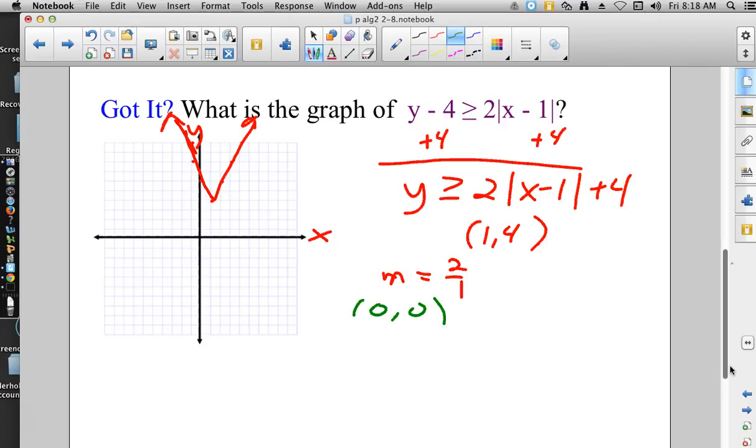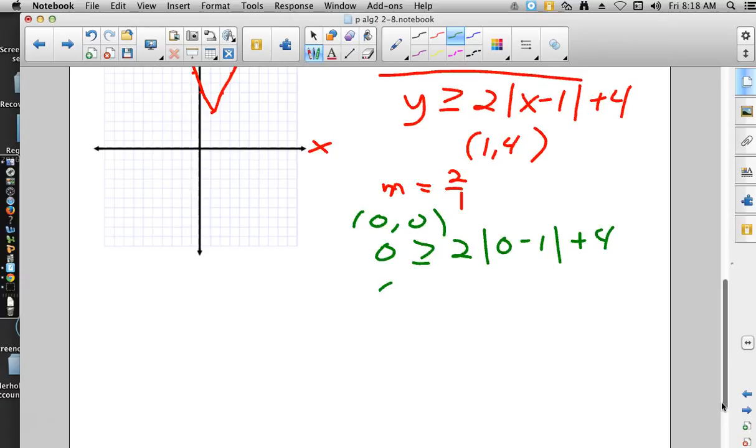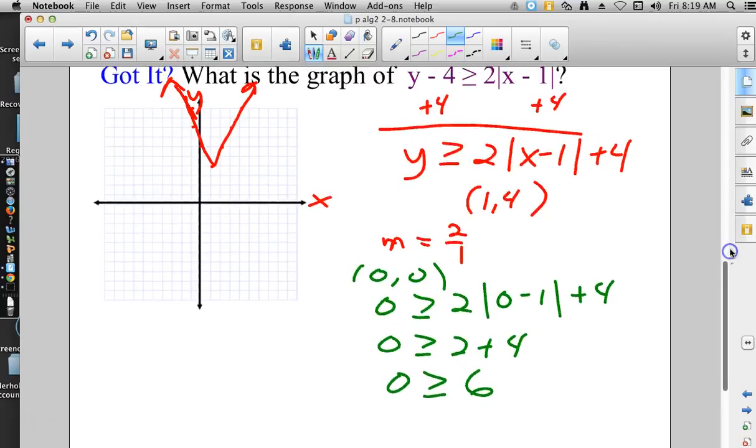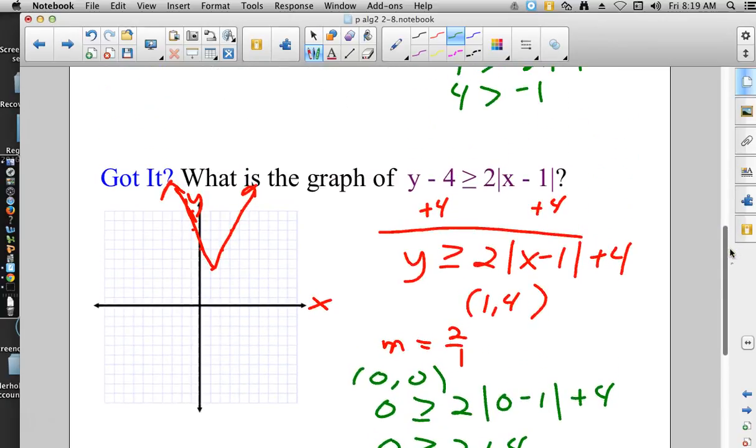So let's see what we get. 0 is greater than or equal to 2 times the absolute value of 0 minus 1 plus 4. 0 minus 1 is negative 1, but the absolute value of that is 1. Is 0 greater than or equal to 6? No.